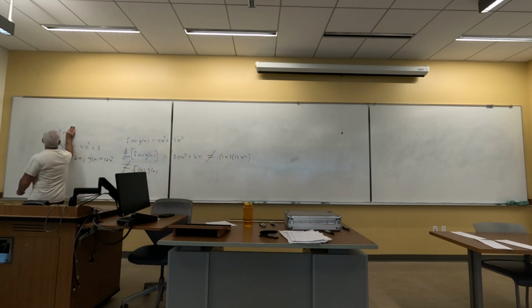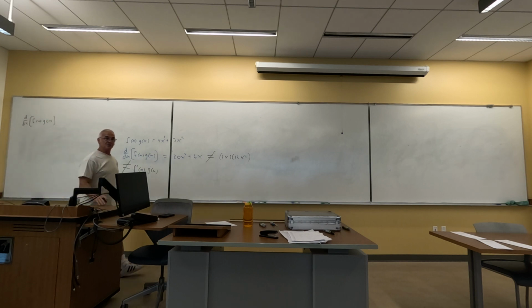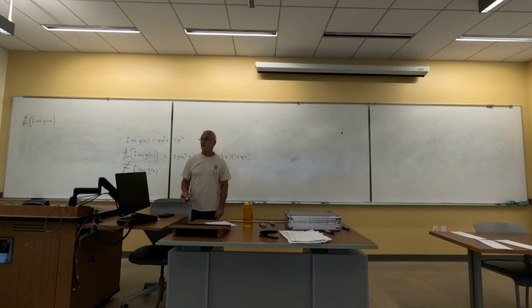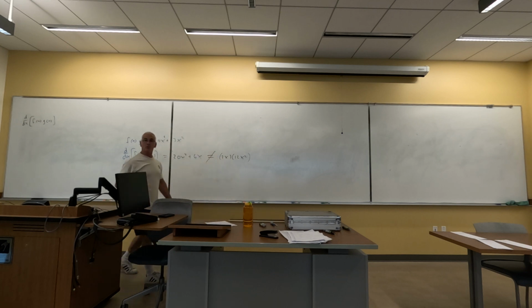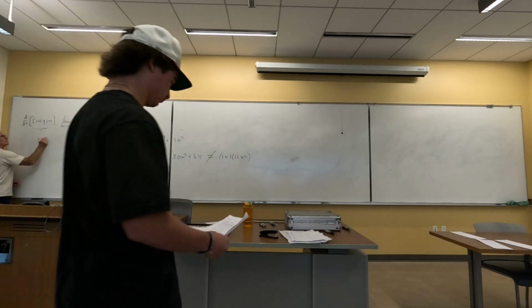So, here's what we're going to do. For any two functions, f and g, I want to differentiate f of x times g of x. And we're going to start with the definition of the derivative, because that's the only way we're going to get this. And we're going to manipulate those limits until we get an answer. So this is going to be the limit as delta x approaches 0 of, now, if it helps you, think of this as one function.